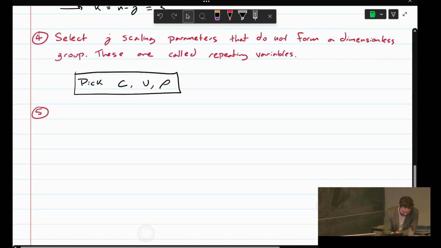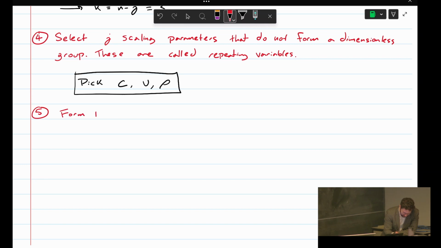Okay, so step 5 is: form pi groups by adding one remaining variable at a time to the repeating variables.